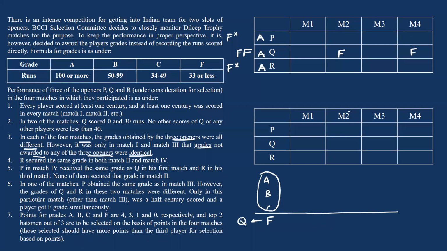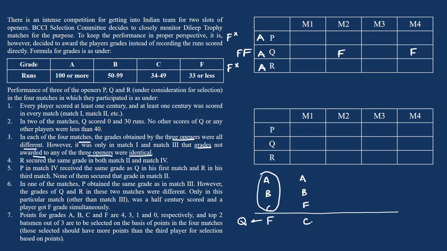So if you have in match 2, match 1 and match 3, if you have Q getting A, B, and for example F, so Q will be left with C and P and R will be left with F. Grade C was not awarded to Q and grade F was not awarded to P and R. So this should not be the case.